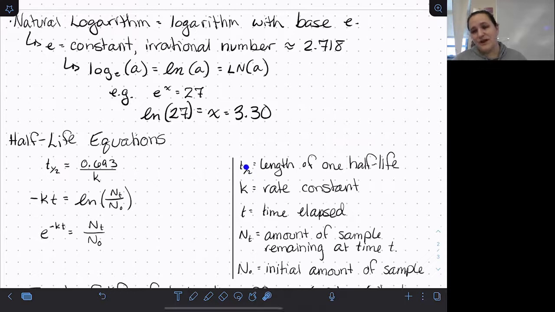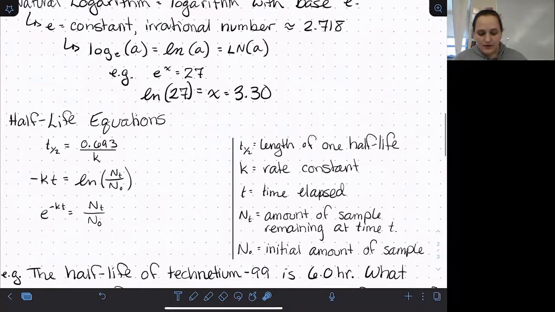So the subscript 1/2 here is specifying it's the amount of time it takes for one half-life to go by. k is something known as the rate constant. Every chemical reaction has a different rate constant. So in this case, for first order reactions, such as radioactive decay, the half-life and the rate constant are related to one another by this equation. And then it's actually the rate constant that shows up in our other equations here.